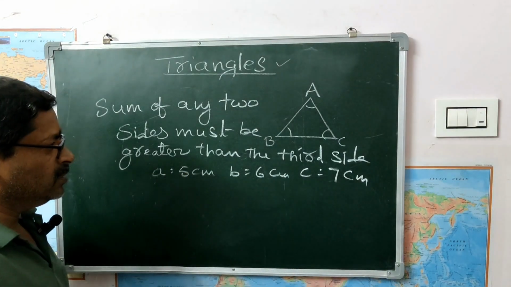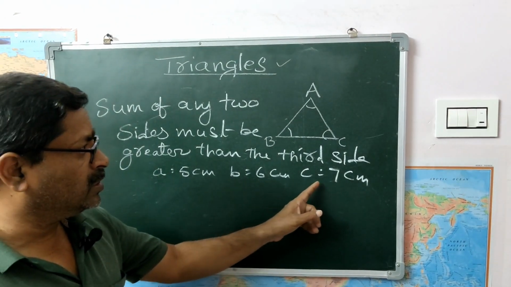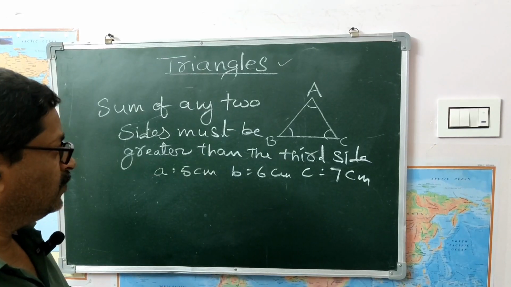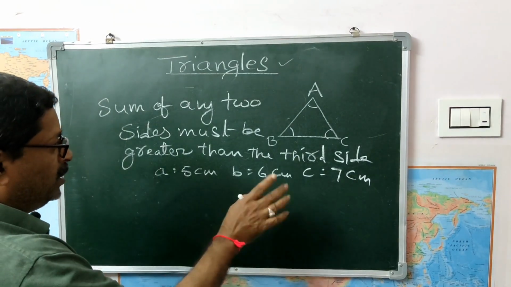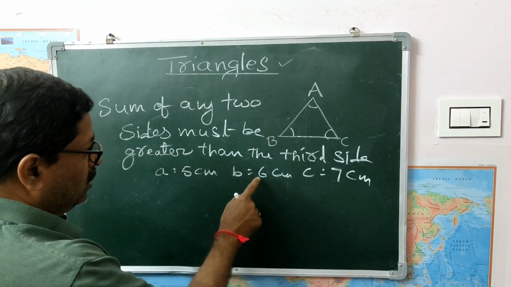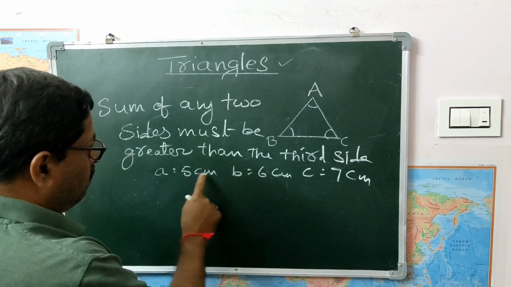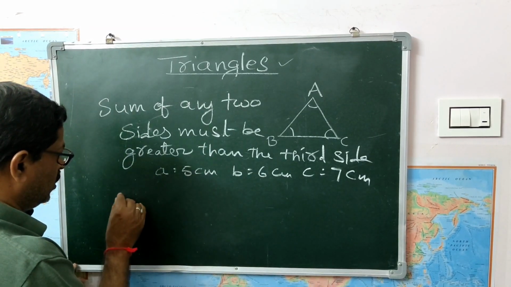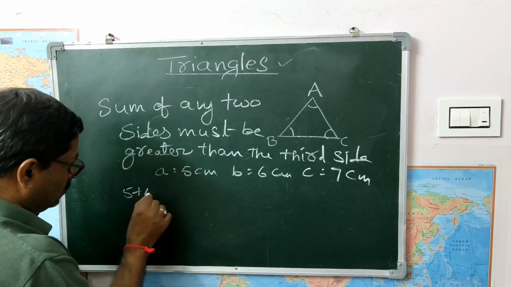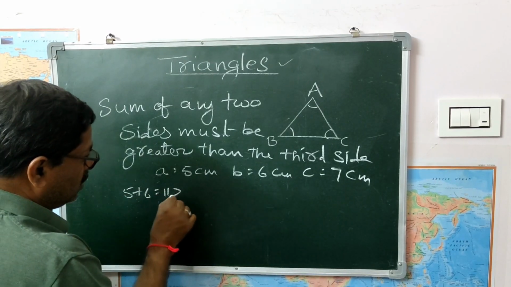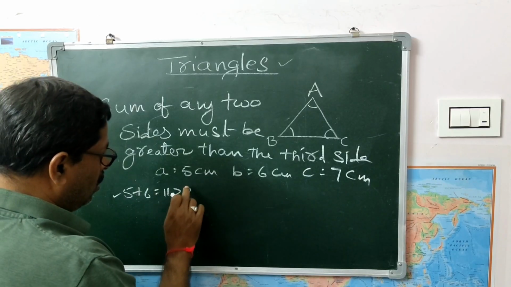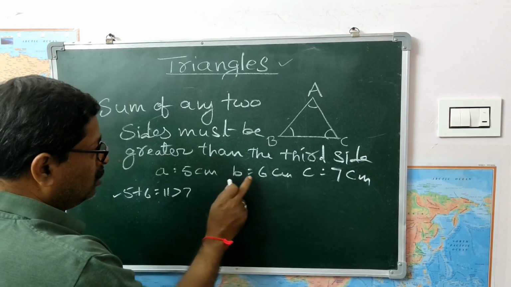To check that, take the sum of any two sides. A plus B, 5 plus 6. What is 5 plus 6? 11, which is greater than the third side, 7.